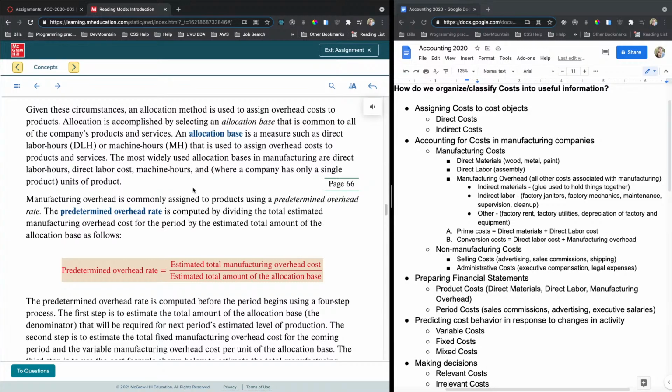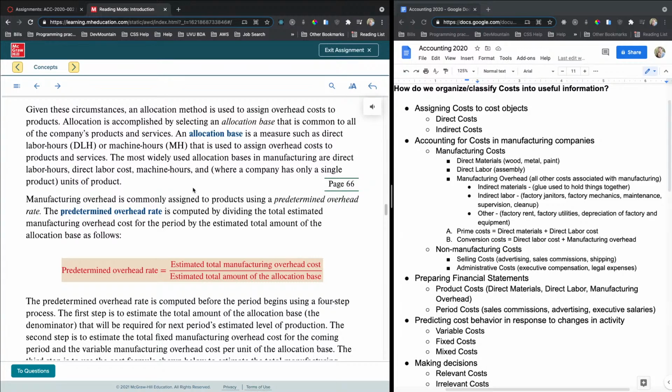Allocation is accomplished by selecting an allocation base. So you have to select something that is common to all the company's products and services. Oh, I see. I'm interested in how this works.